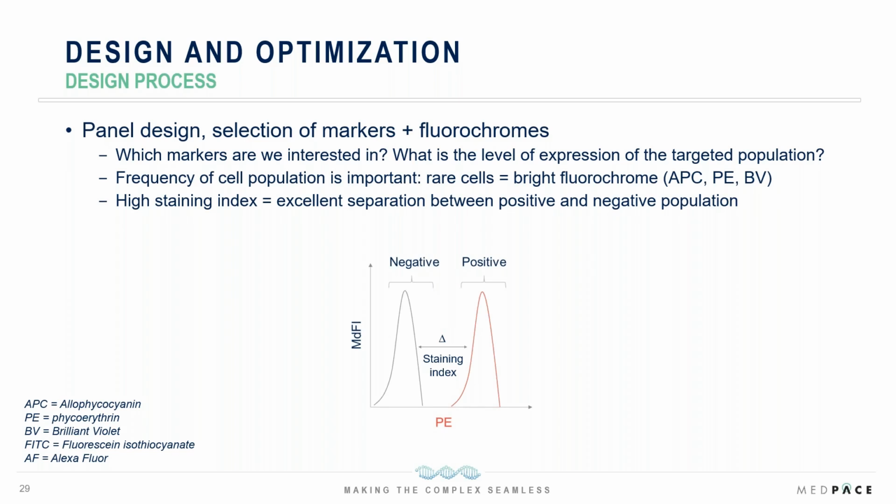So now we can discuss a little bit about the design process. In the design process, this part is more where the scientist can work closely in collaboration with the sponsor. So several questions can be raised. For the panel design, for example, we can really wonder which markers we want to use, and what is the level of expression of the population targeted.